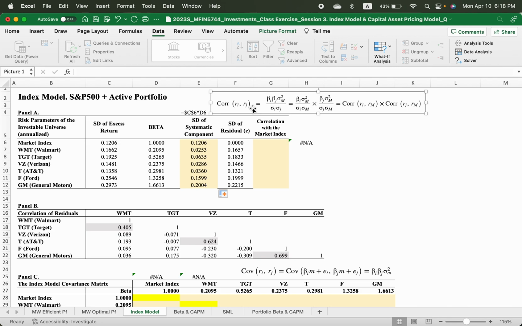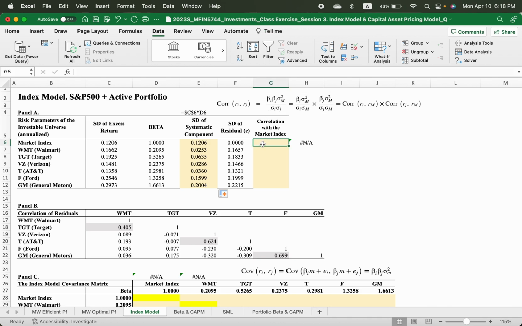If we change the correlation, the return part with the market, then this beta and the standard deviation in the denominator is also the market, so we can remove this. We can remove the beta. So only remaining is beta and the standard deviation of the market, and in the denominator we have only the standard deviation of the individual stock. That's why we can use it simply.